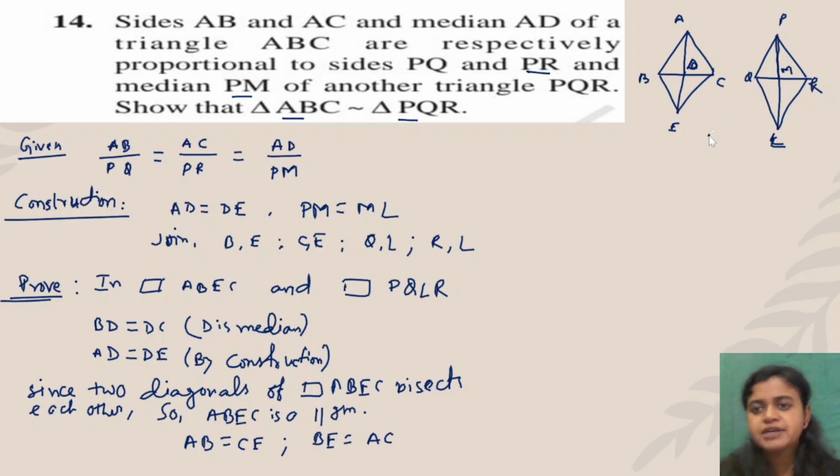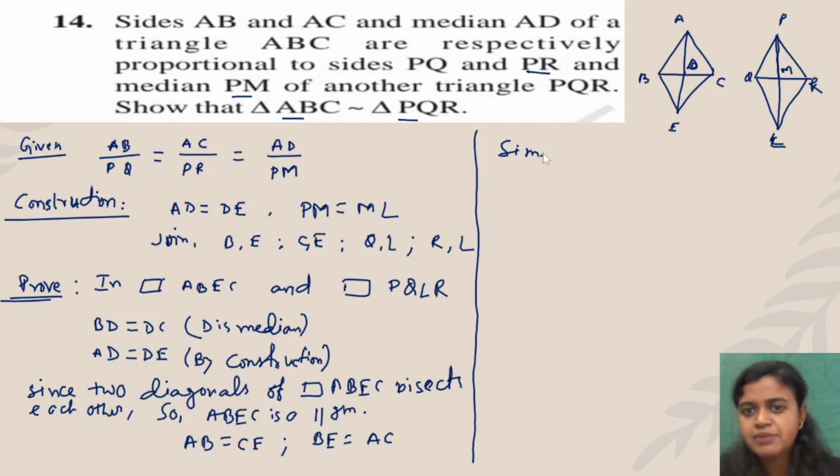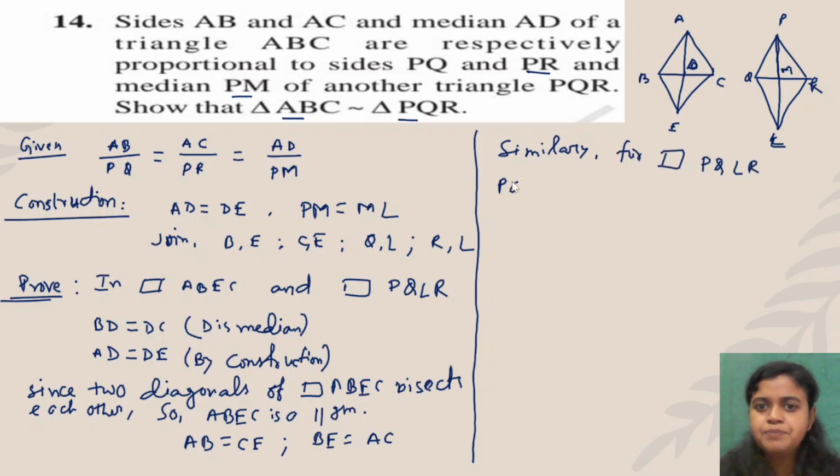Similarly for quadrilateral PQLR, we can say PQ equals LR and QL equals PR.